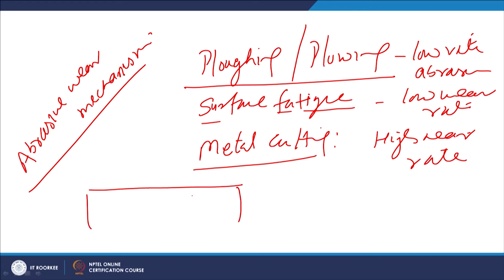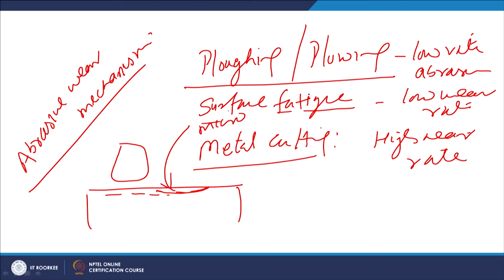Like this is the surface, and it is being abraded continuously. Due to the continuous surface and subsurface layer deformation, a crack is nucleated in the subsurface region, and its growth leads to removal of material in the form of particles. This is, we can say, micro fatigue.